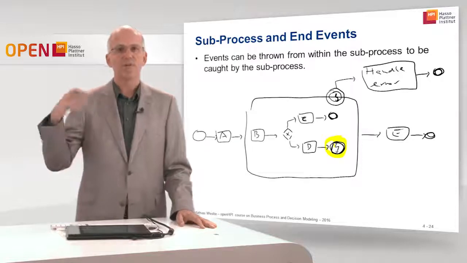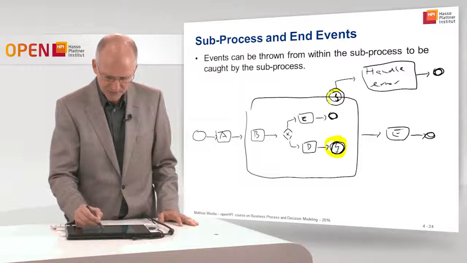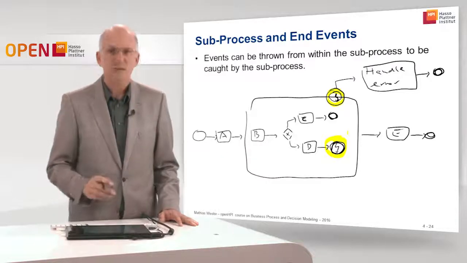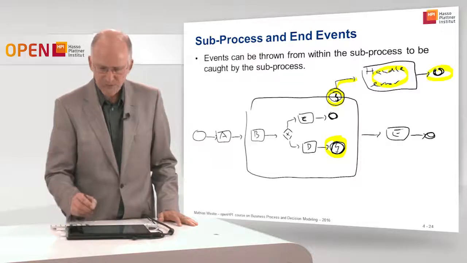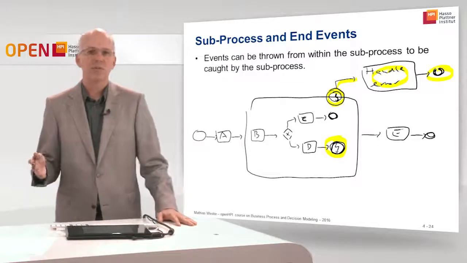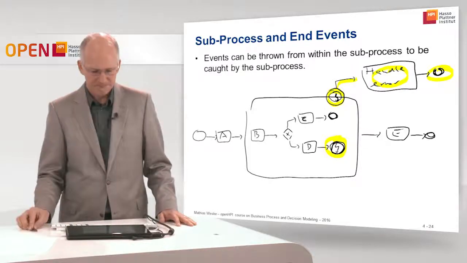The error event is thrown: an error occurred inside of the subprocess. So what happens is that this error event is caught by the boundary event, and then the error handling occurs. And we have here the second alternative, or the error outcome of the complete process.